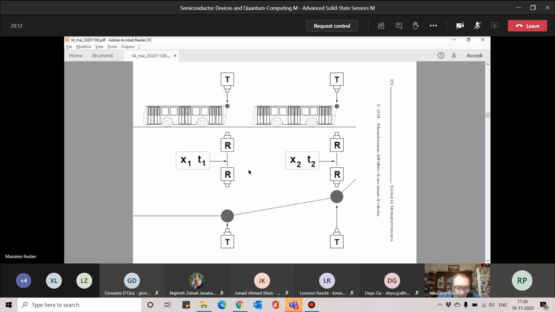So you grossly mistake the position of the electron. You do not perturb the trajectory of the electron, not that much. But you mistake grossly the position.